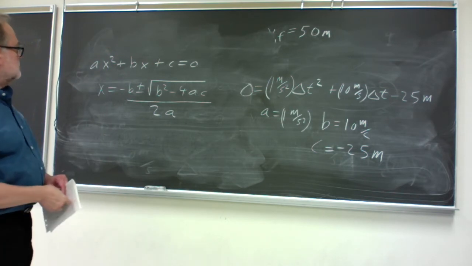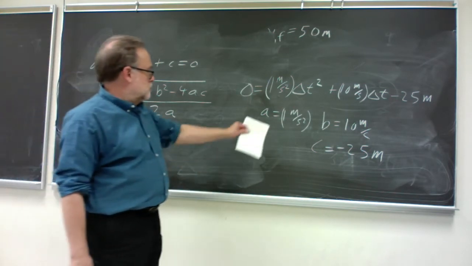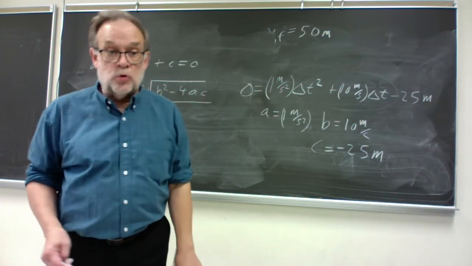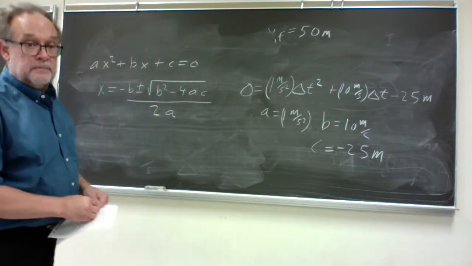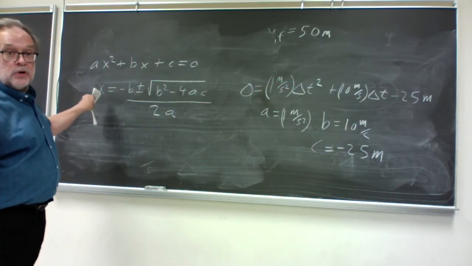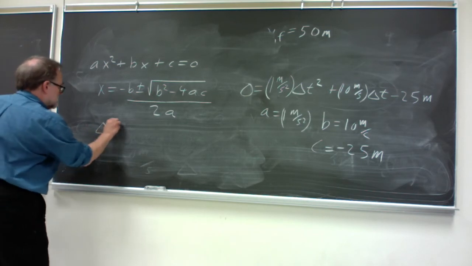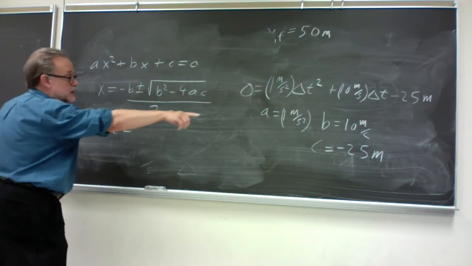Okay. Well, now all we have to do is put that value of a, that value of b, that value of c into the quadratic formula, and in this case, the variable is delta t. We'll see what kind of delta t we get. So delta t is minus b.